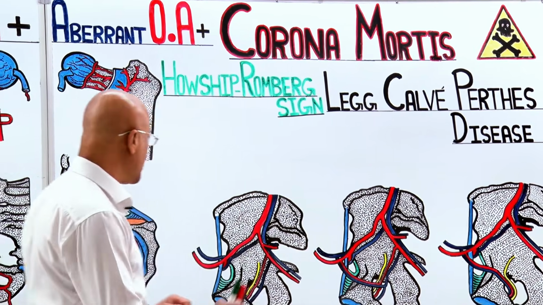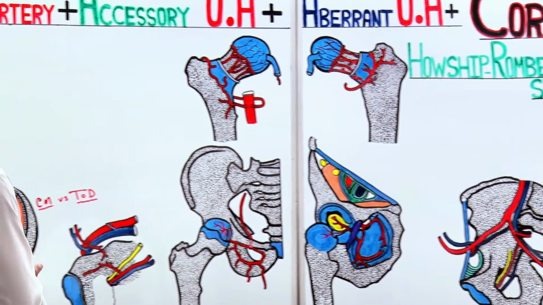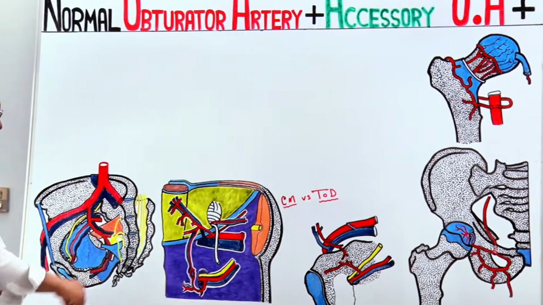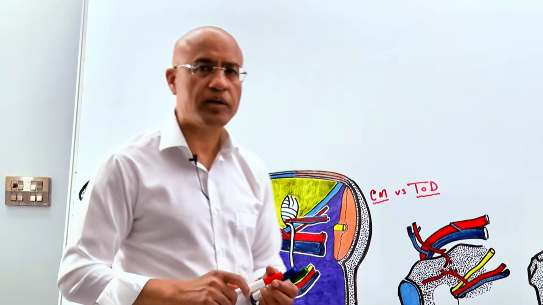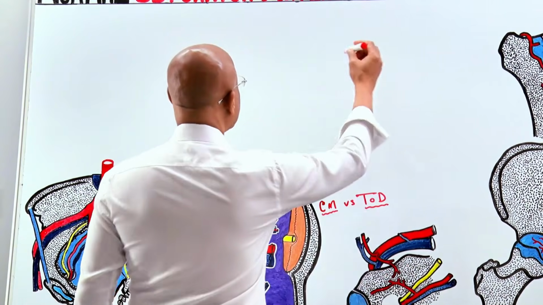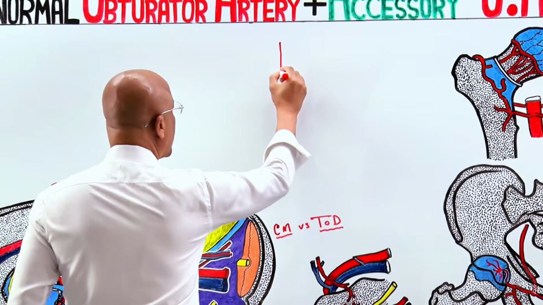So let me talk about this artery. From where does the obturator artery come? Start from the very beginning. What is the most common, classical, typical origin of this artery? Let's suppose here is the aorta, a very simple diagram.